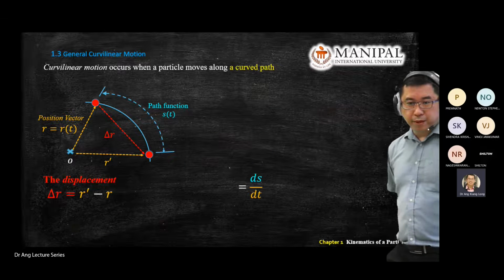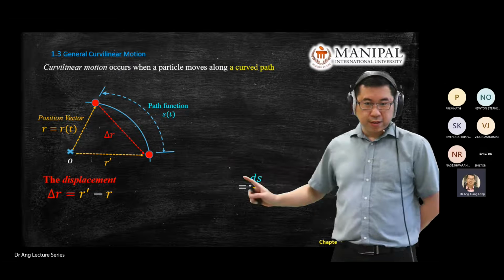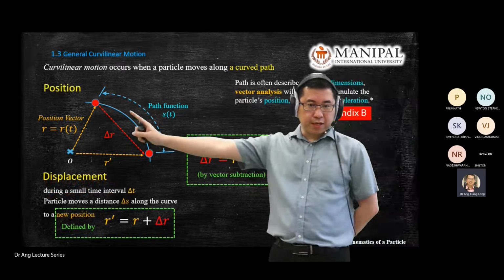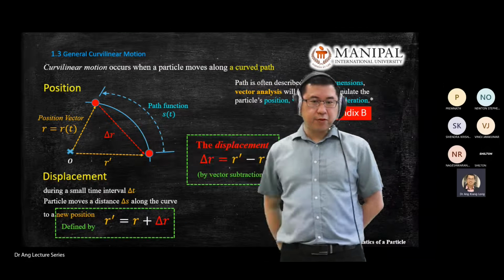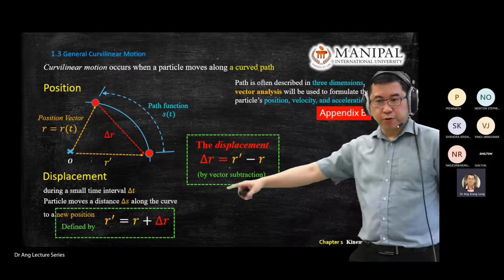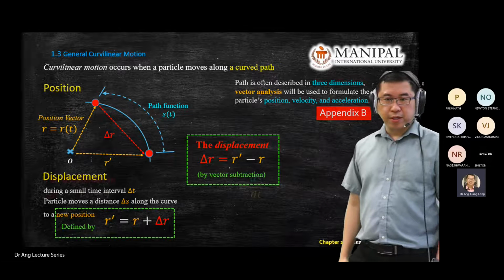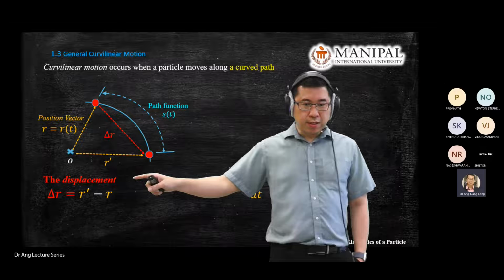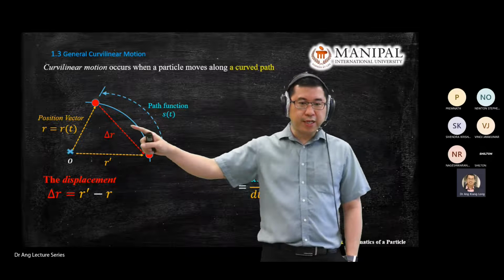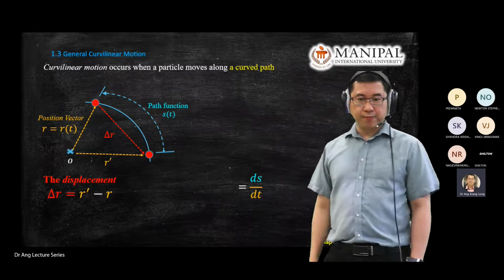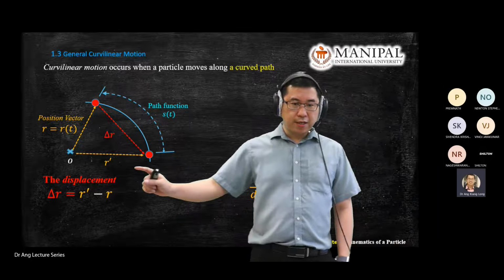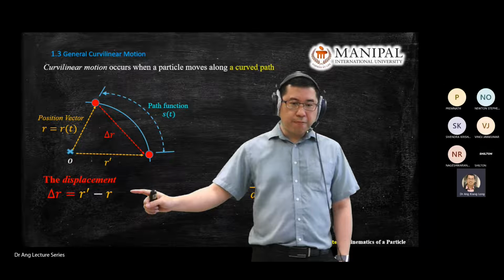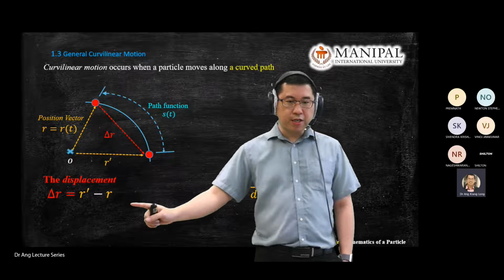Apologize for all the marks shown. I will copy the vector diagram for the next slides and remove all the information on the screen, so ignore this one. Just now we already defined how to find displacement delta R. Delta R is R prime minus R, and this is in vector form.